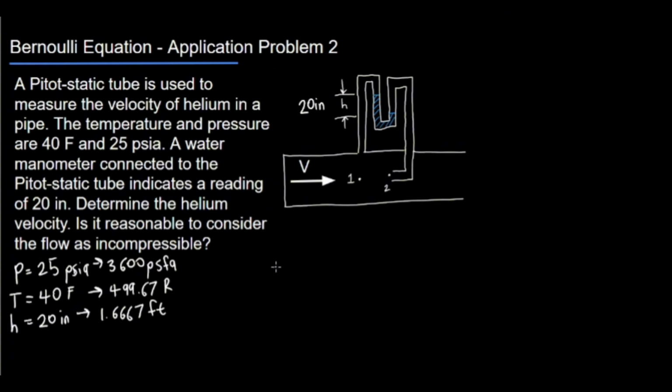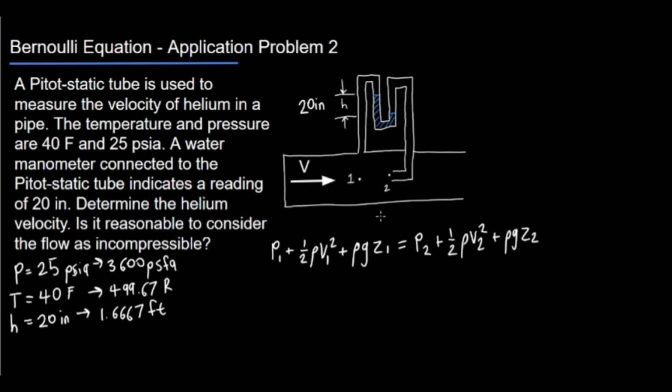And we are just going to write out our classic Bernoulli equation. So we'll have P1 plus 1/2 rho V1 squared plus rho g Z1, and all that is equal to P2 plus 1/2 rho V2 squared plus rho g Z2.